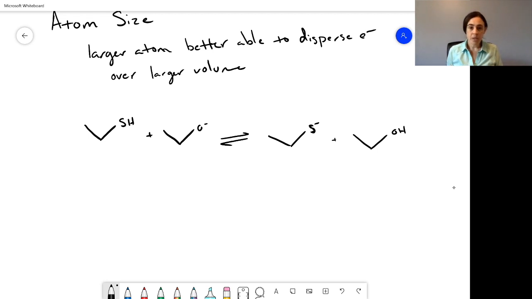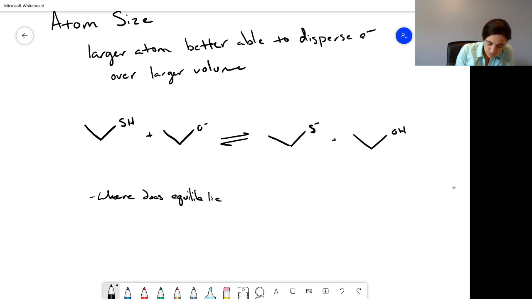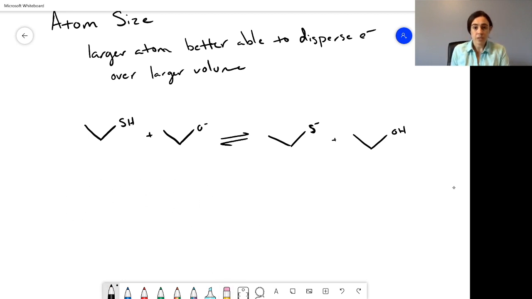Where does the equilibrium lie? To address this, we're going to ask, which is a stronger acid?